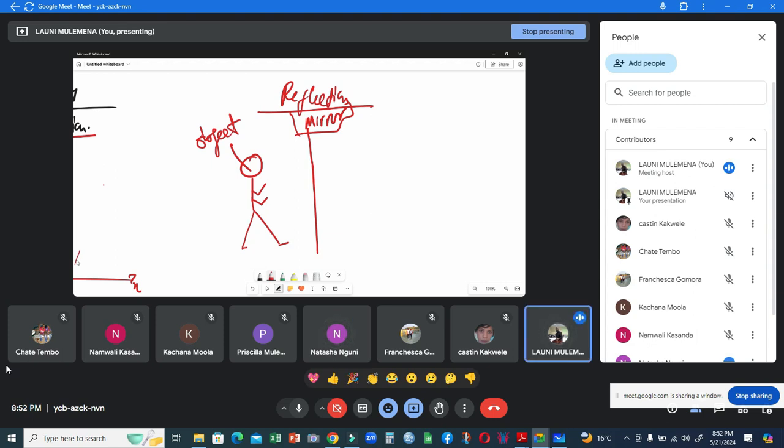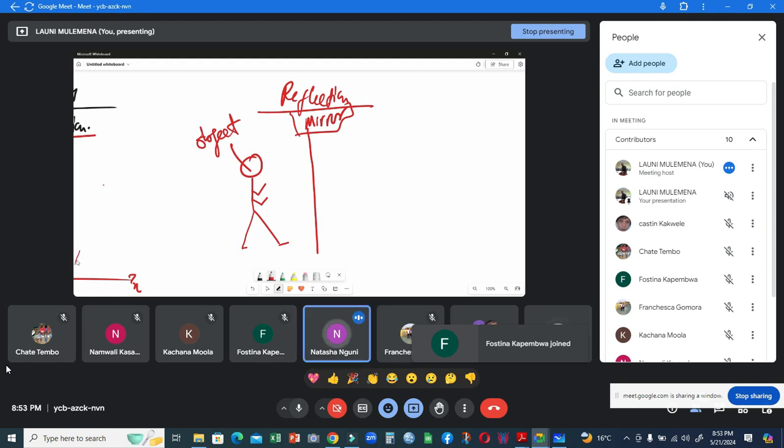Exactly. Even the image will start running away behind. I don't know whether you are able to visualize what I'm talking about, guys. If you have a big mirror and you move 2 steps away from the mirror, even your image will move 2 steps behind, away from the mirror.